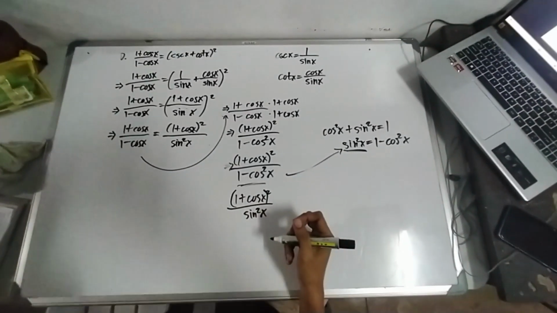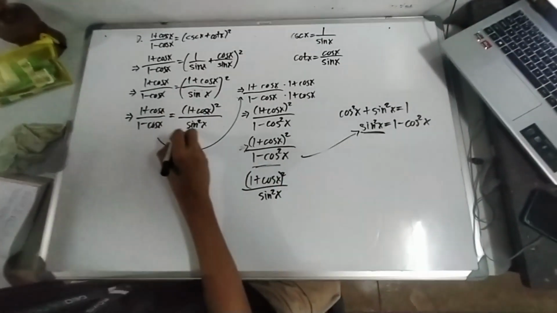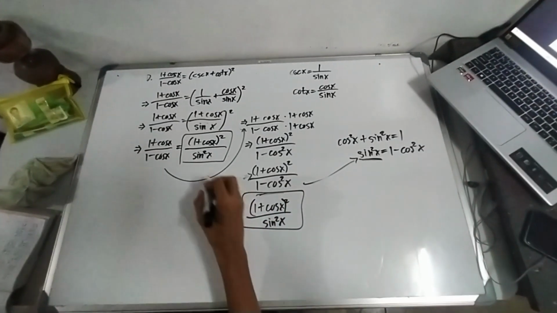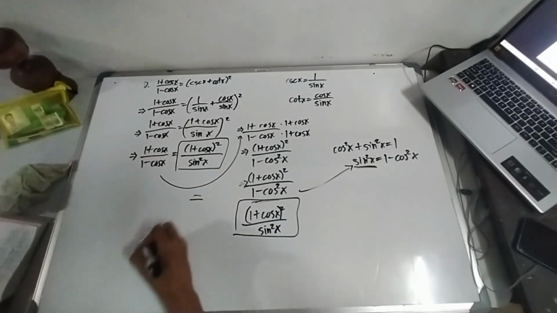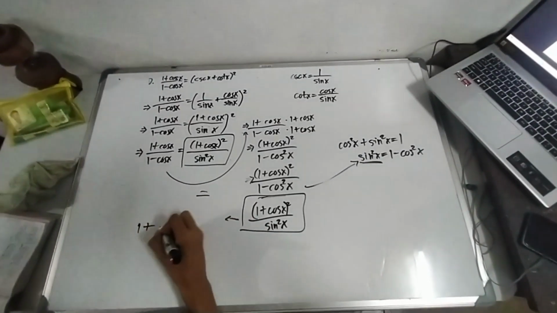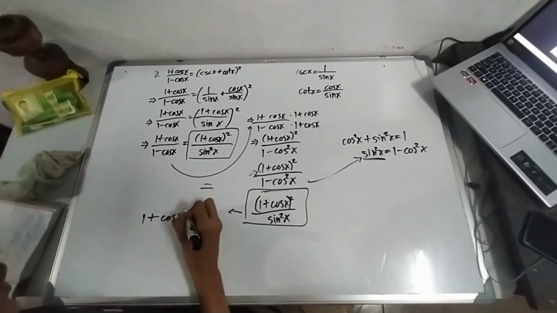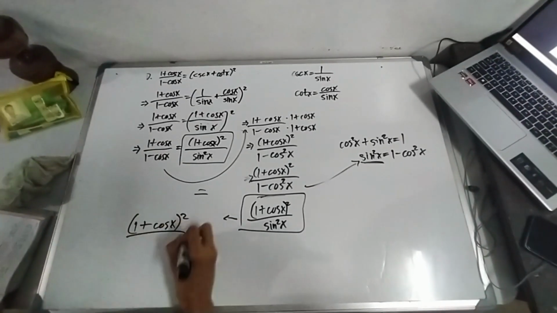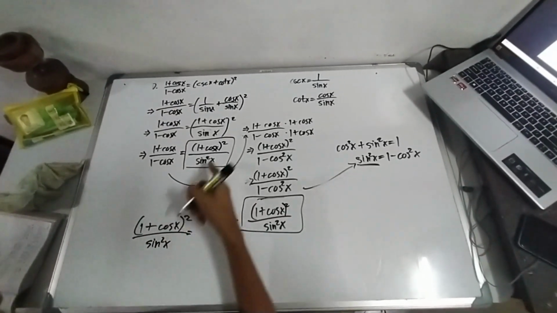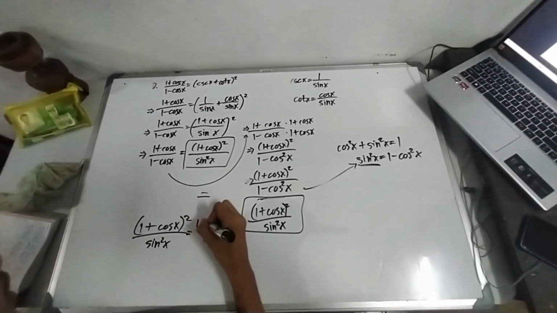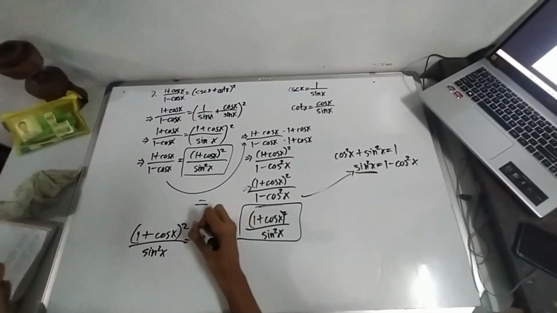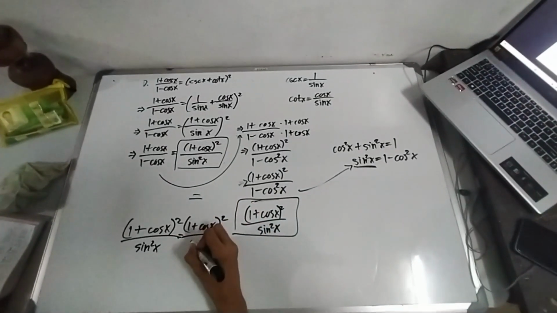Let's see what we have solved first here. Let's equate this with this. This is equal. So here (1 plus cos x) squared over sine squared x is equal to this, (1 plus cos x) squared over sine squared x.